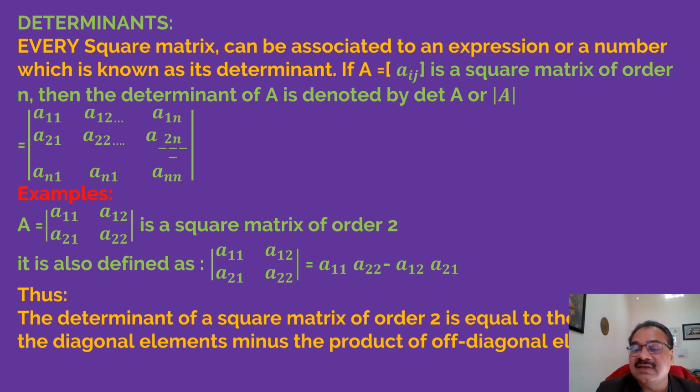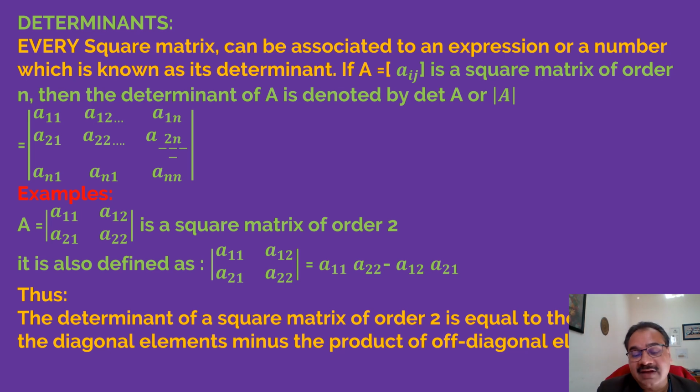That is, if A is equal to [aij] is a square matrix of order n, n cross n, then the determinant of A is denoted by det A or by |A|, with entries a11, a12 up to a1n in the first row, and so on, with n rows and n columns. This is a square matrix of order n cross n.